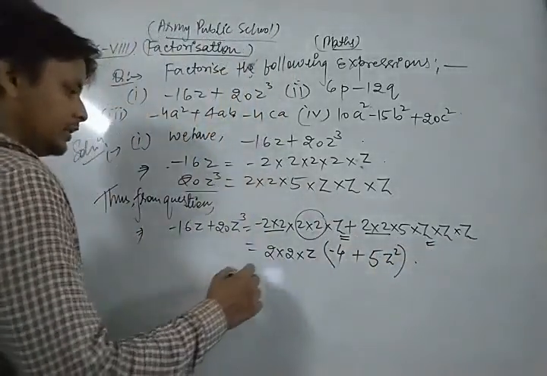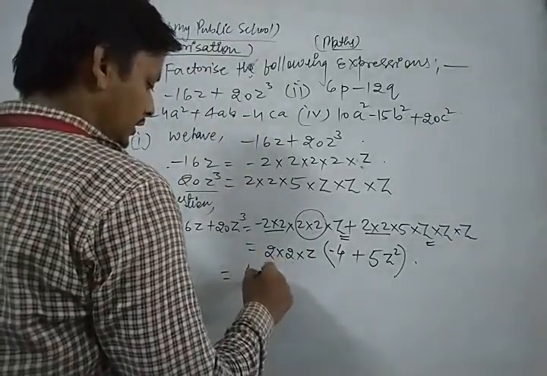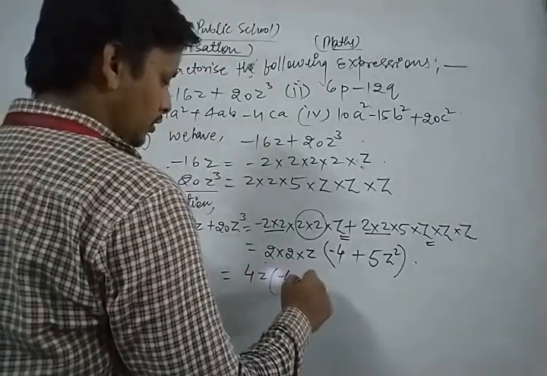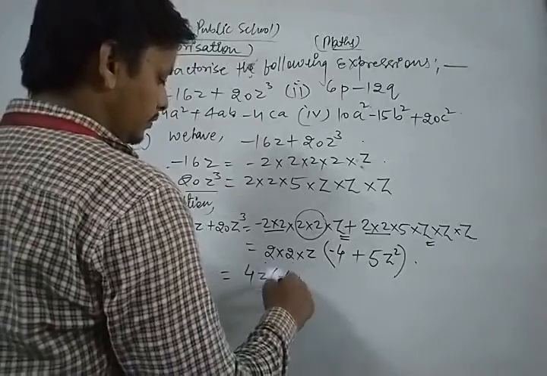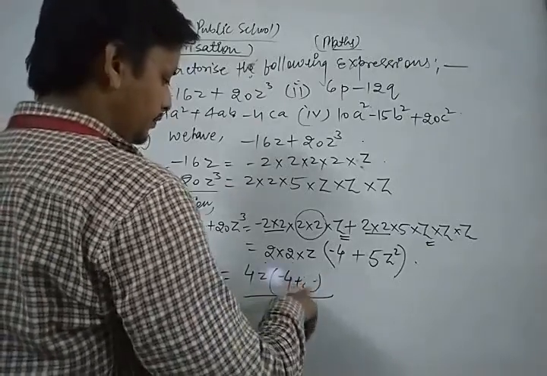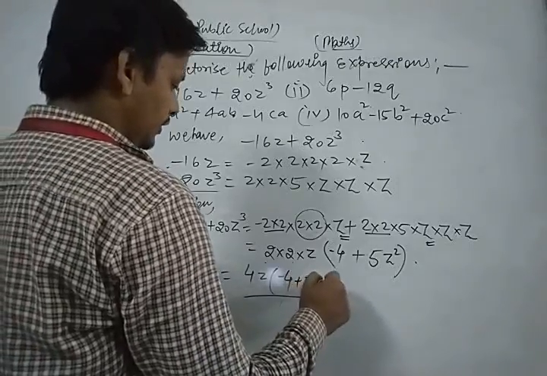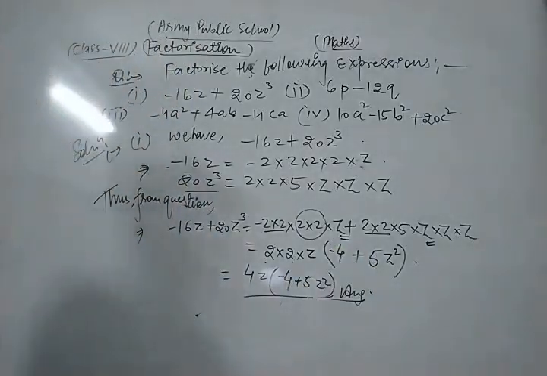Thus we get 2 to the 4 into z in bracket minus 4 plus 5z square.